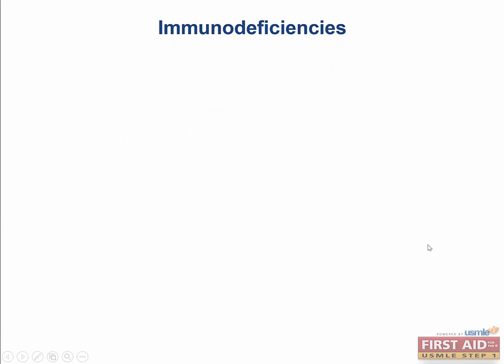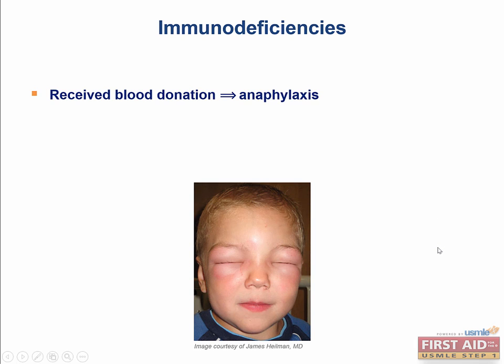Next case. So this boy just received a blood donation, and right after that, he goes into anaphylactic shock, as we see here. He's had a history, his mother tells you, of recurrent mucosal infections, like gastroenteritis and sinusitis. What do you think the diagnosis is here?